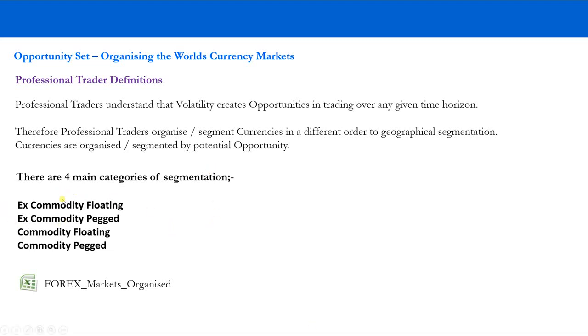So the ex-commodity grouping here are currencies that are not dependent on 1 or 2 commodities in their exports. And these split up into floating and pegged regimes. Then we have the commodity floating and pegged, which are countries that are filtered by their dependency on 1 or 2 commodities and then by their regime.